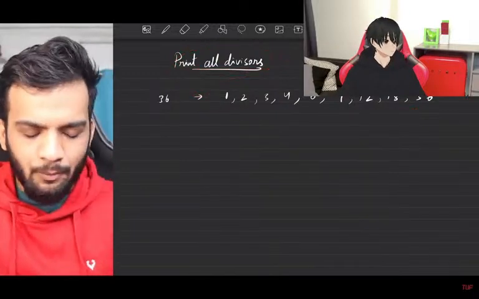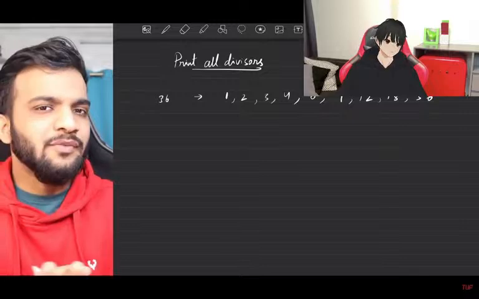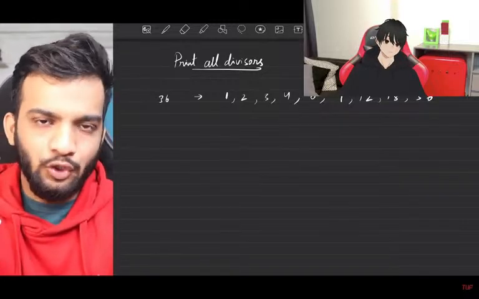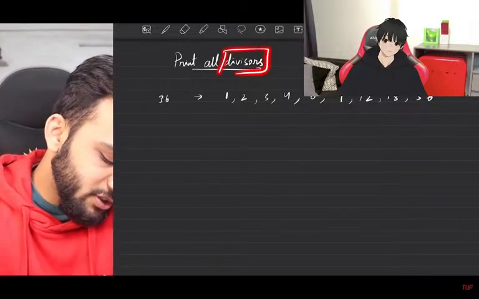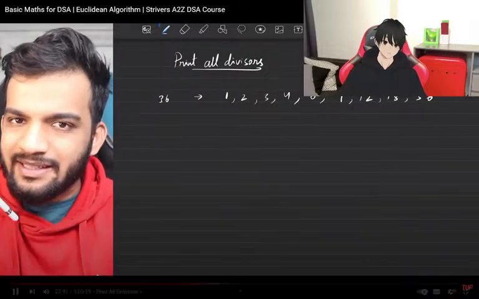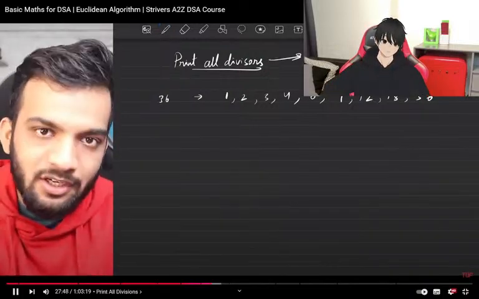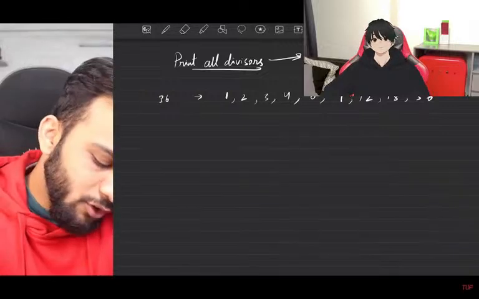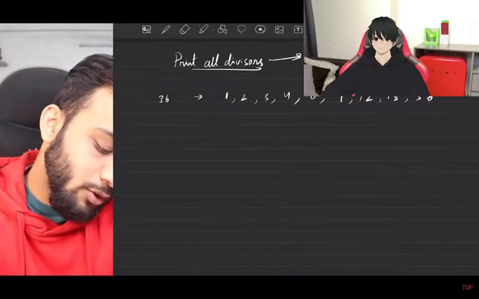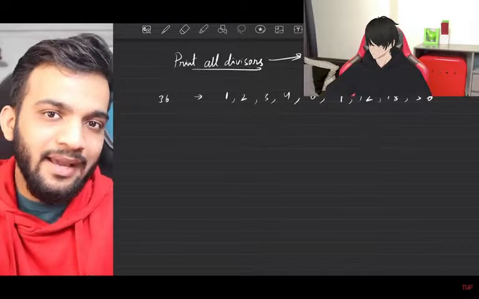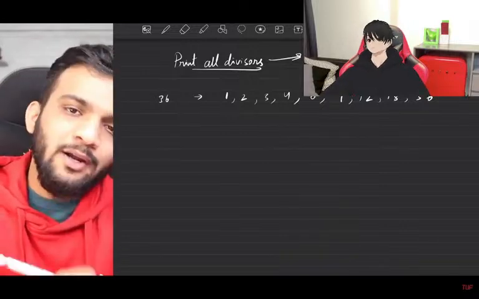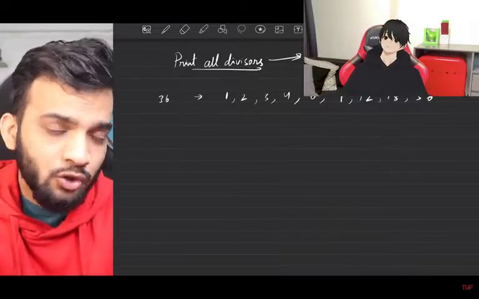Now, how do I do it? It's very simple. One thing I know for sure is if I'm talking about divisors or factors, then anything greater than n will never divide n. So if I know all the divisors are going to be between 1 and n, can I just loop from 1 to n? That's my first thought process.